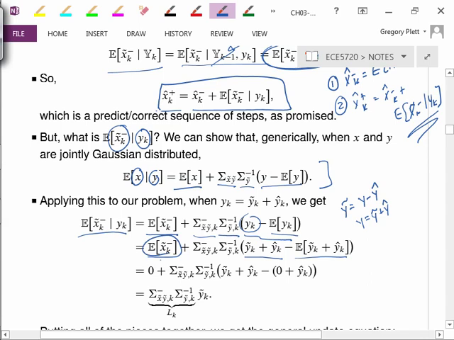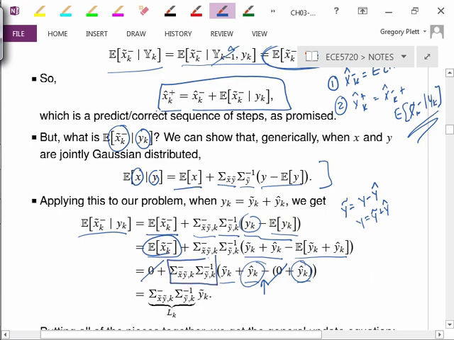We know that the expected value of x tilde is 0, so that comes there. We know the expected value of y tilde is 0, so that is there. The expected value of a constant is a constant, so the expected value of y hat is simply y hat. And these I just copy down, and we see that y hat is canceled out. I've got a plus and a minus, so those cancel out, so I simply get a y tilde.